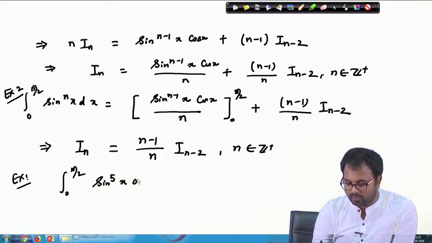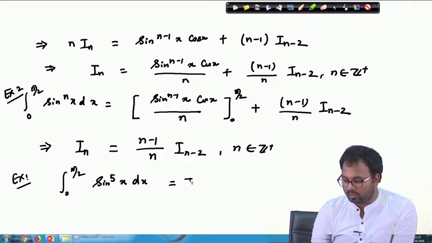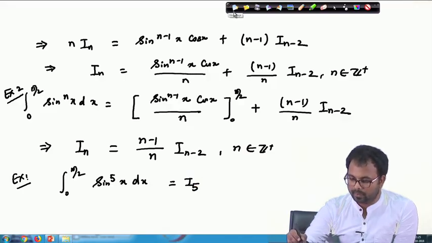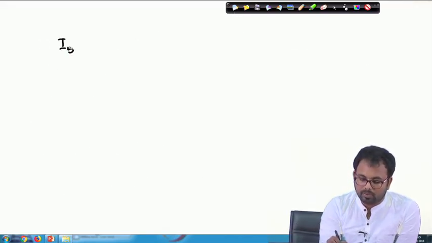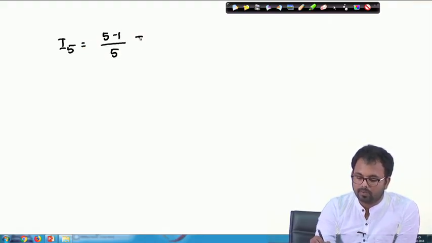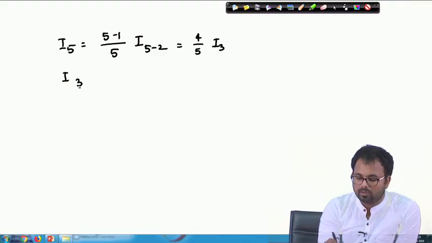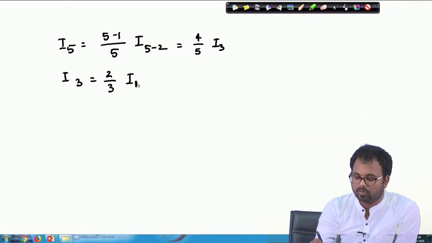Suppose we are asked to calculate this, so let us call it I5, and I5 would be basically 5 minus 1 by 5 I5 minus 2, so this is basically 4 by 5 I3, and I3 is 3 minus 1, so 2 by 3, and then 3 minus 2 is 1.